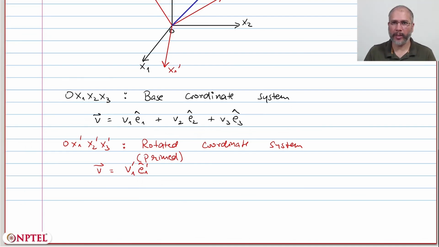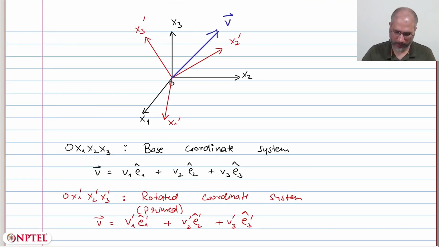So v1 prime is the component corresponding to the new unit vector e1 prime, plus v2 prime e2 prime and plus v3 prime e3 prime. So let's denote these unit vectors as well.